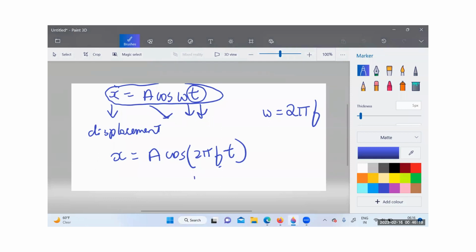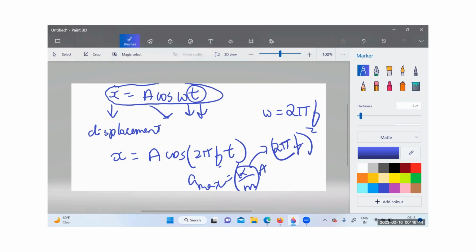So a max is given by K by M into A, right? Yeah. So in this, what is K? K by M is 2 pi f whole square, right? This ratio is 2 pi f whole square that we had done in the previous class, right?